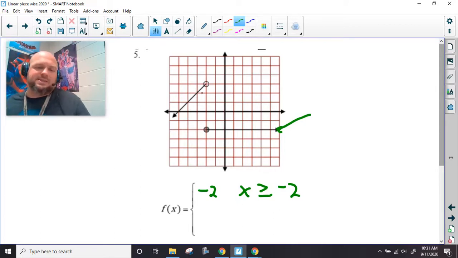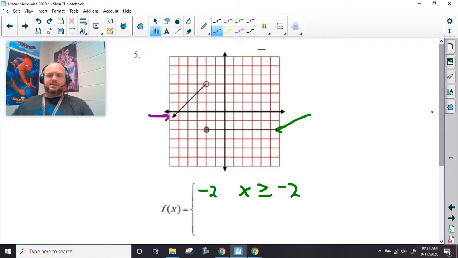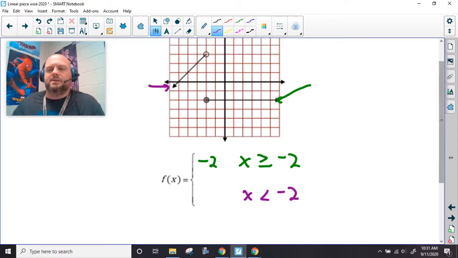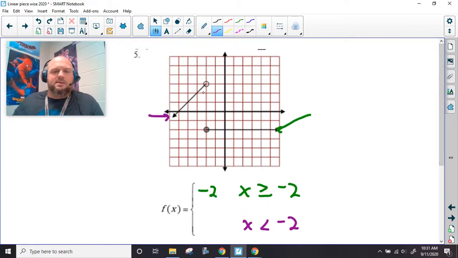Now, this one right here, we know this is going to be when x is less than -2, because that's our point of discontinuity. That helps us out. Now, it looks like our slope is positive. It's going up 1 over 1. So all I did was follow along to find the slope.